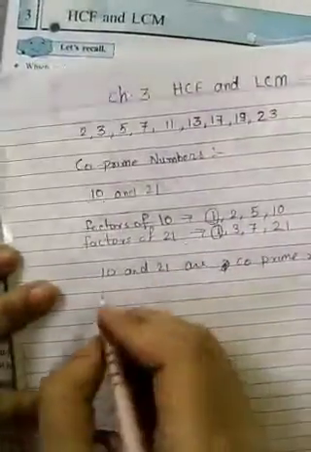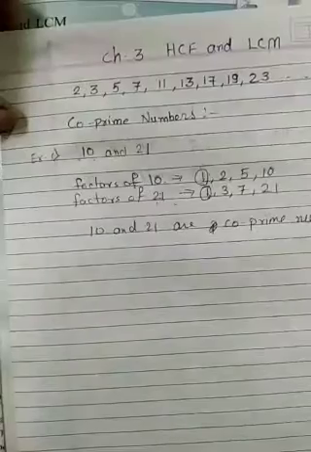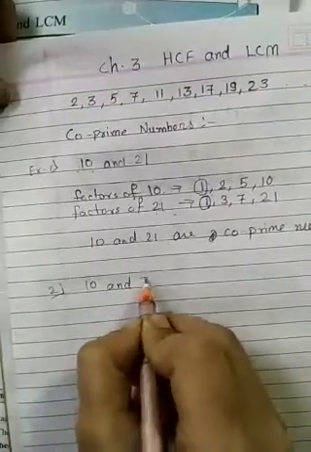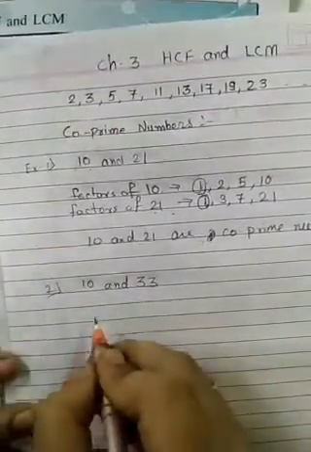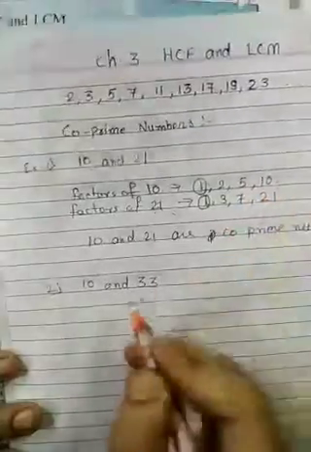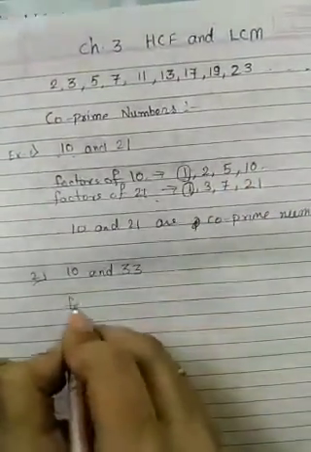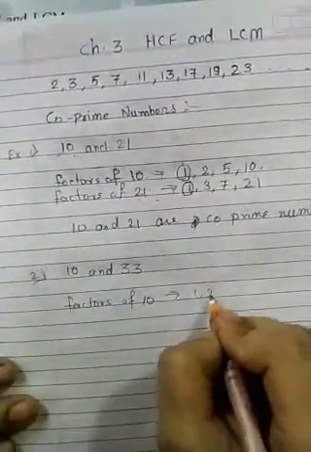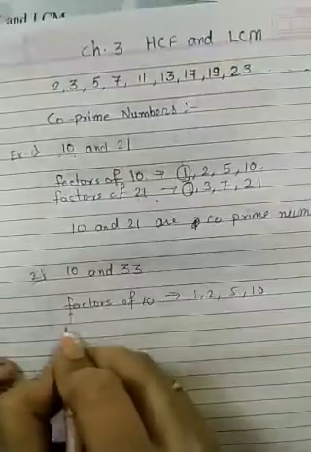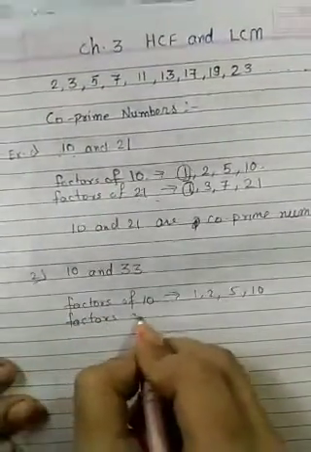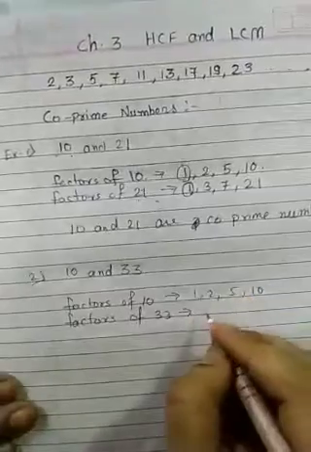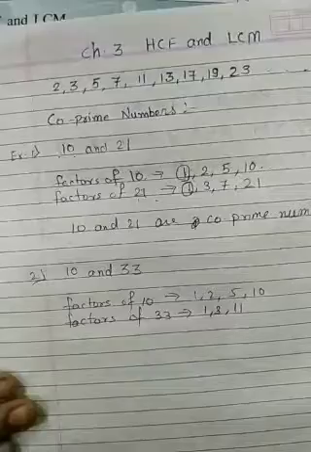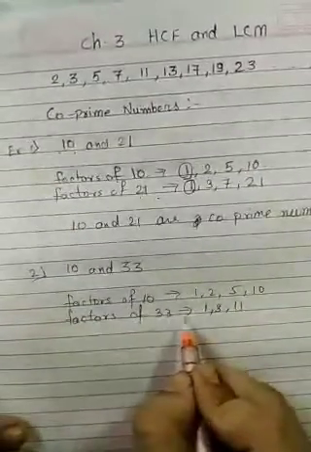Now take the next example, the second example, 10 and 33. Factors of 10 are 1, 2, 5 and 10, and factors of 33 are 1, 3, 11 and 33.